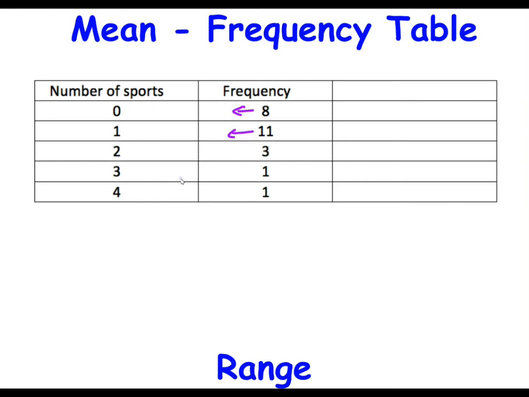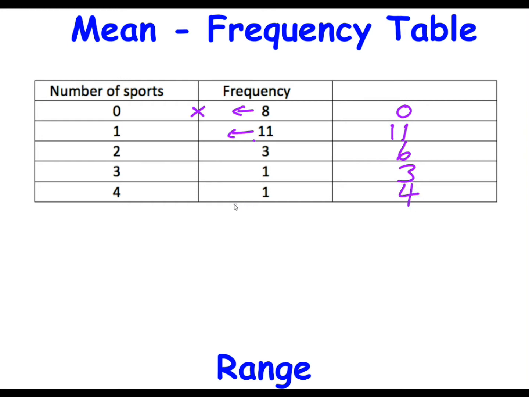So to work out the mean number of sports that people play, you have to multiply the number of sports by your frequency count. So 0 times 8 is 0. 1 times 11 is 11. 2 times 3 is 6. 3 times 1 is 3. And 4 times 1 is 4.